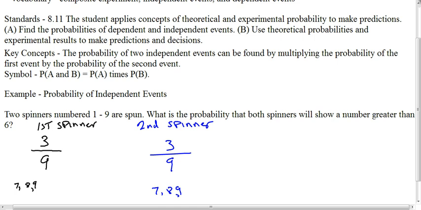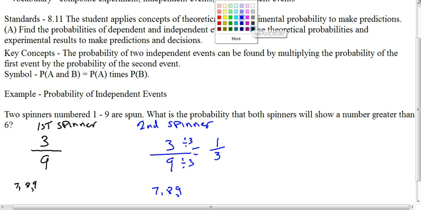But now, when we're working with these probabilities, we can simplify just like we do with any normal fraction, in this particular case dividing by 3, not in all cases, but this one, and we can get 1 over 3. We can do the same thing for the first one.